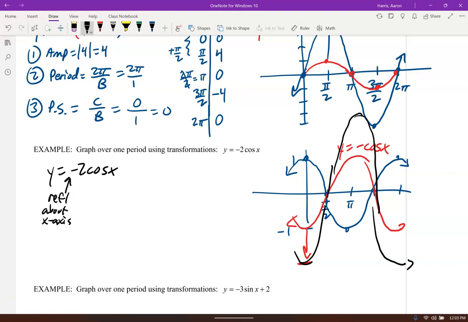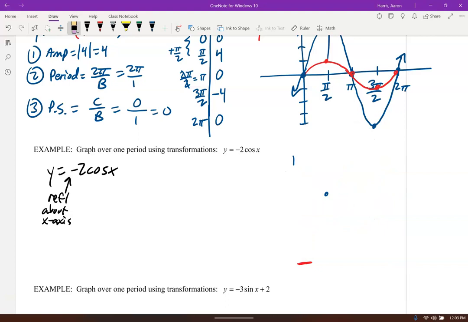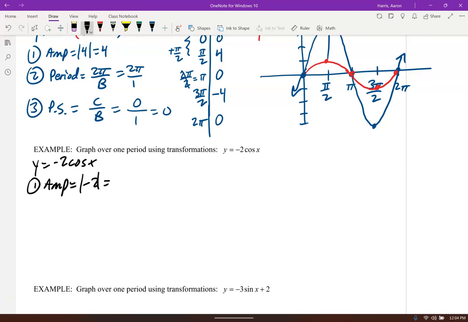Again, these are all by transformations, right? This one is just a transformation of the cosine function. So let's go ahead and graph a few points here. And again, we'll start with number 1, our amplitude is 2.